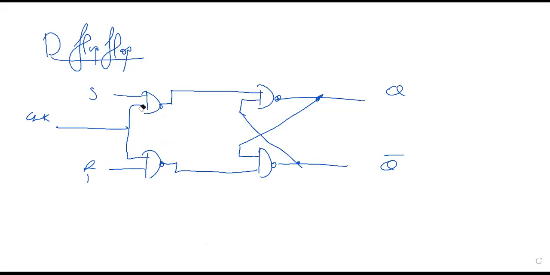S and R, they are joined. So we no longer have two inputs here. We only have one. This is removed. We have D. There is also an inverter added between the S and R. Here we have an inverter.